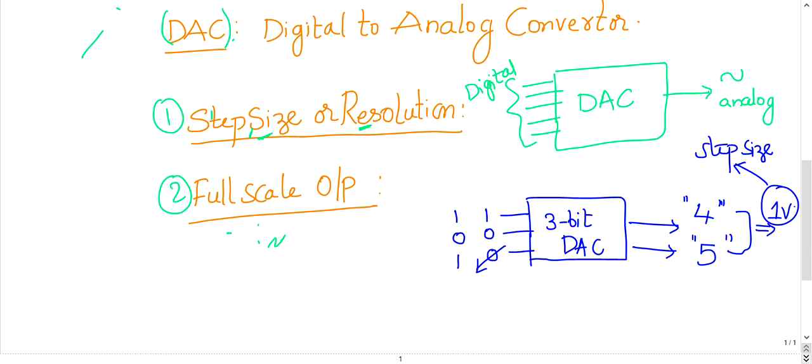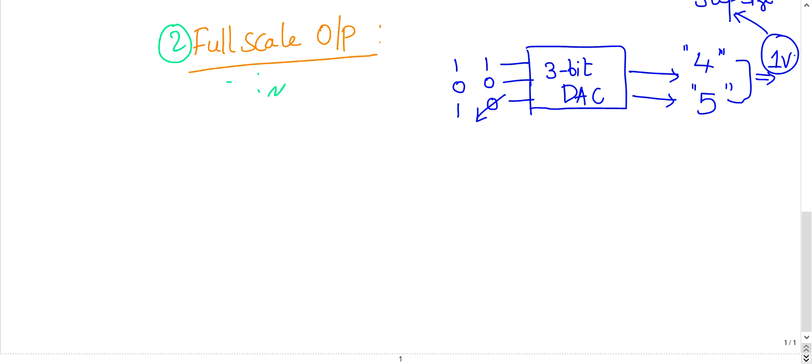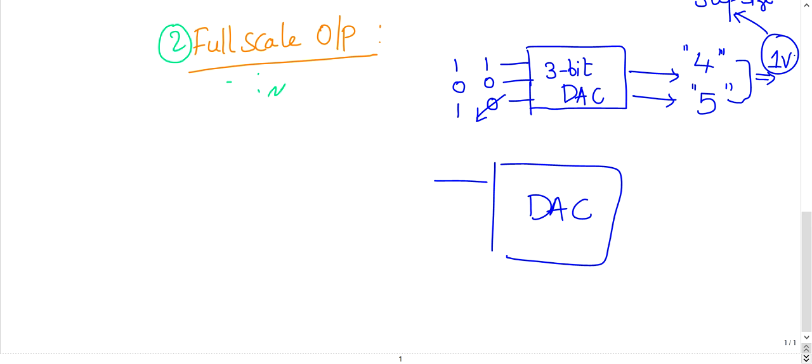That is, in general, suppose there is a DAC and say these are the digital inputs, say for one input 100000 whatever, and the next input, assume I just replaced the last digit with 1.